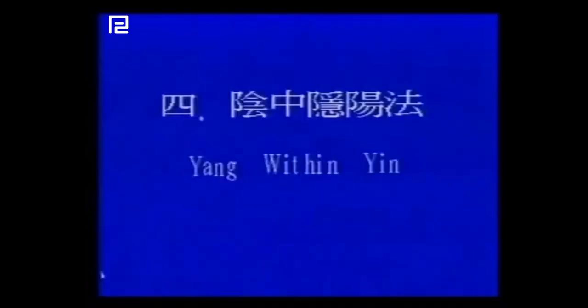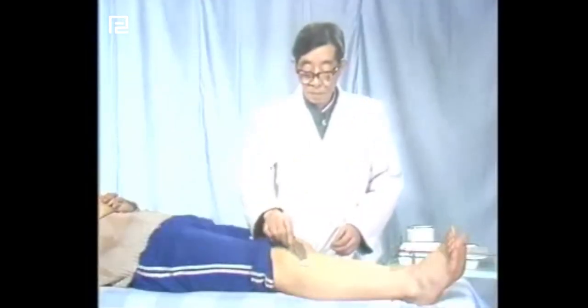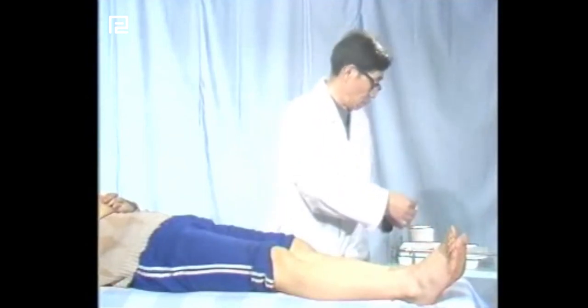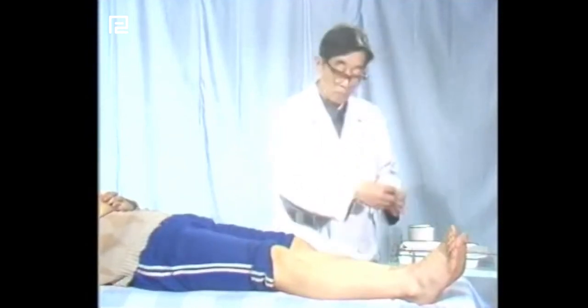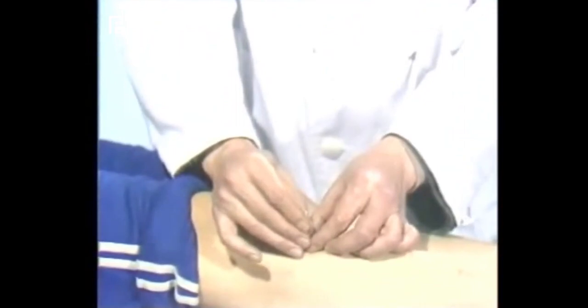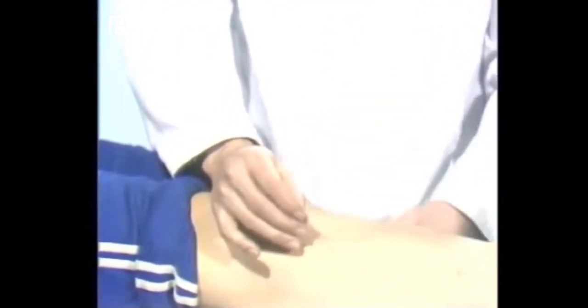Number 4, yang within yin. Again, the method is derived from reinforcing and reducing method, slow and rapid insertion and withdrawal, and the 9 and 6 manipulation. Manipulations: divide the depth of penetration into shallow and deep.